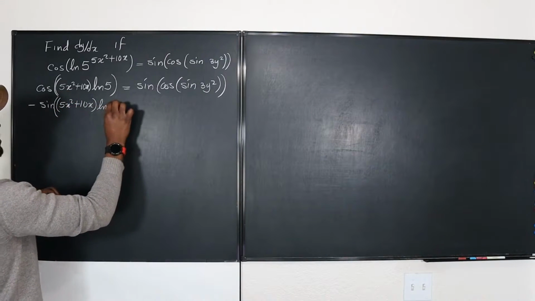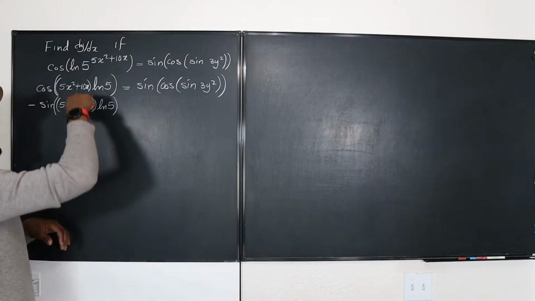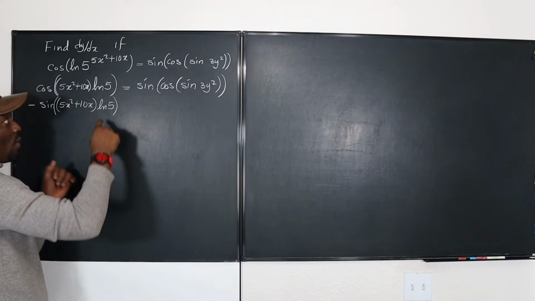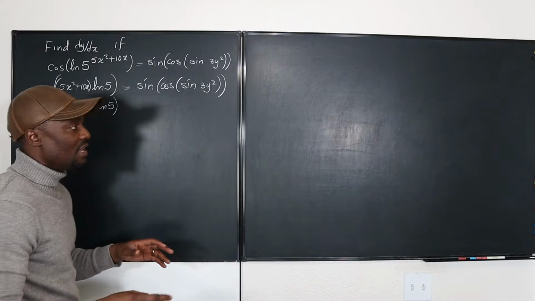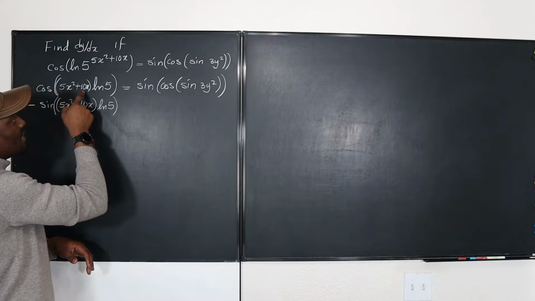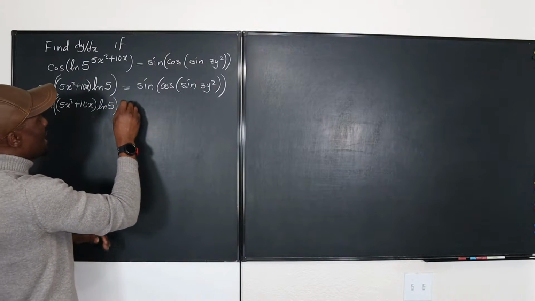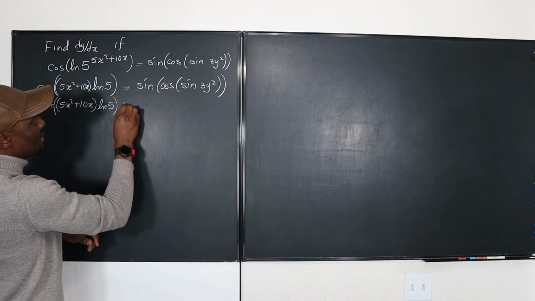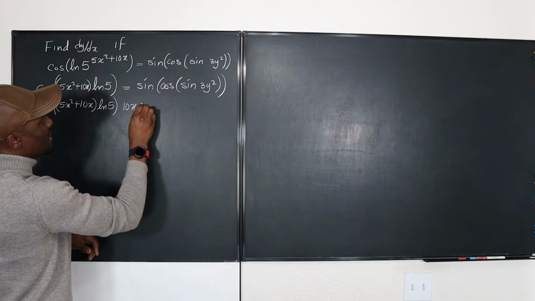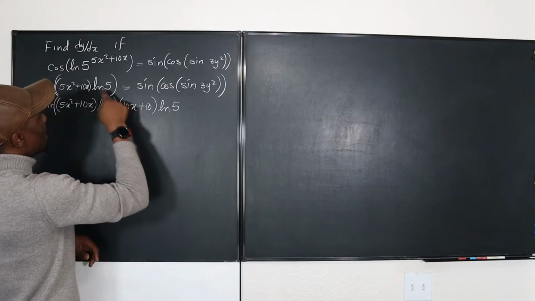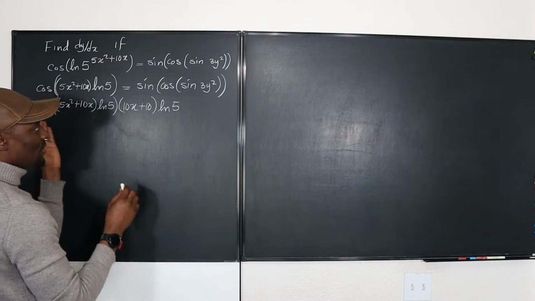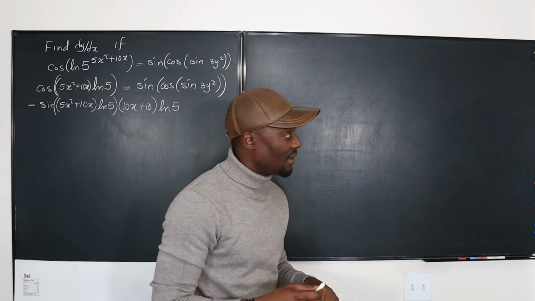This is the argument multiplied by the derivative of the inside. Well, remember that this is a constant, so you don't need to worry about ln of 5. You just need to find the derivative of this. So the derivative of the inside is going to be 10x plus 10 multiplied by ln of 5. So this ln 5 is still there. So we have just differentiated the left-hand side.